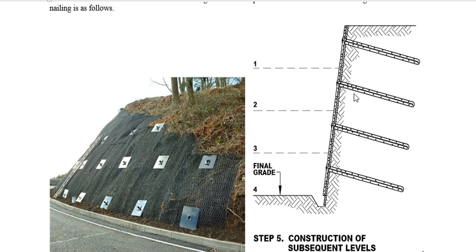Usually favorable soils for soil nailing are stiff to hard fine-grained soils, dense to very dense granular soils with some apparent cohesion, meaning some cohesion value, and weathered rock with no weakness planes, and glacial soils. So these are the favorable soils for soil nailing.